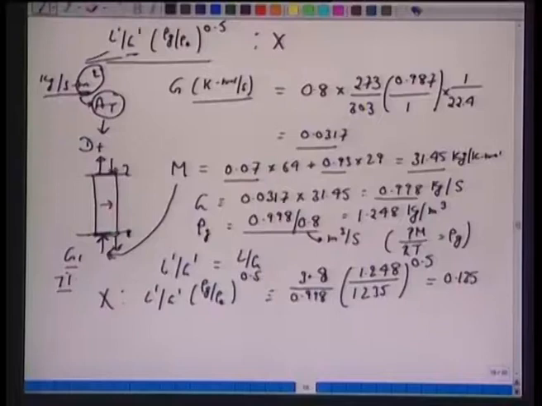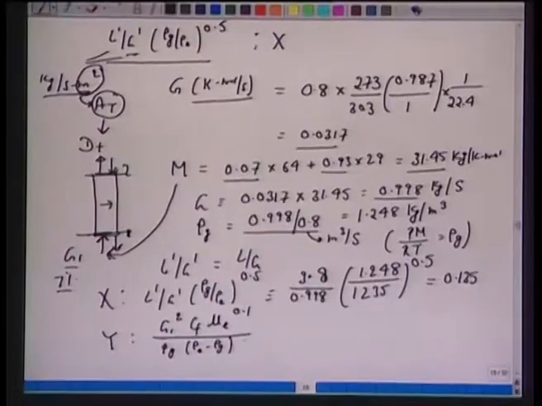Okay, and similarly we have to determine the quantity on the y axis, where we have G prime square Cf mu L to the power 0.1 divided by rho G, rho L minus rho G, Gc.